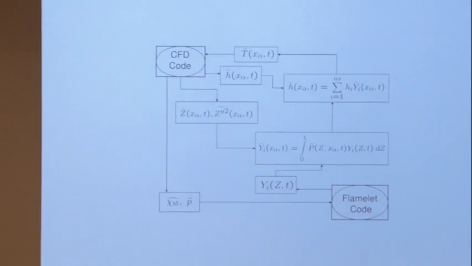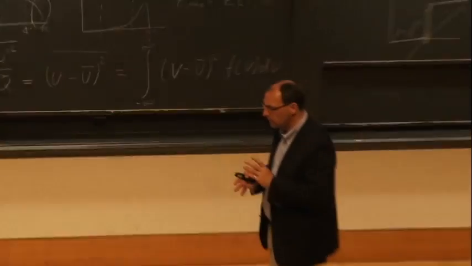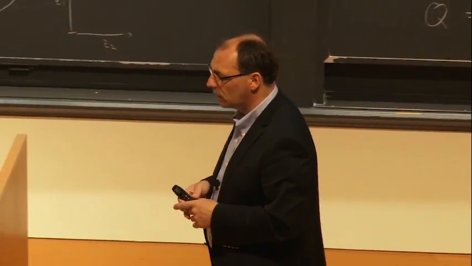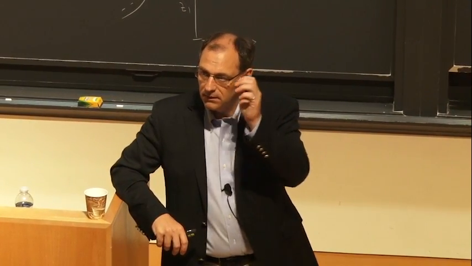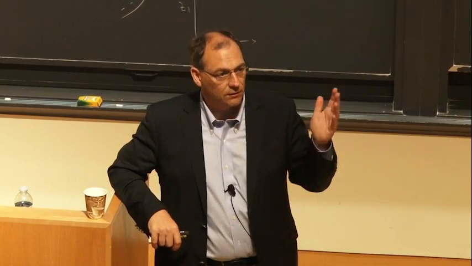The other thing that's very important here is that NOx, soot, unburned hydrocarbons, all these things depend on chemistry, especially soot, which really depends on the exact details of the chemistry. Ignition depends on the exact details of the chemistry.